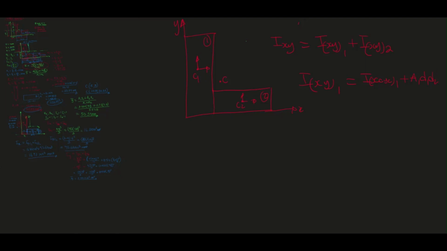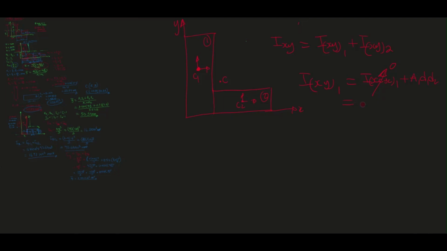Okay, so the product of inertia about the centroid of any object is 0. Reason being the position of the center, for example this center C1 from the center itself is 0. Therefore 0 times 0 will give us 0. So this is always 0.